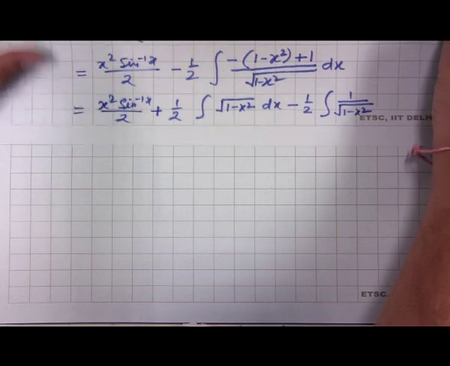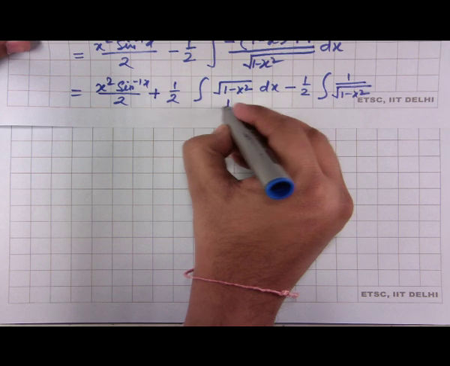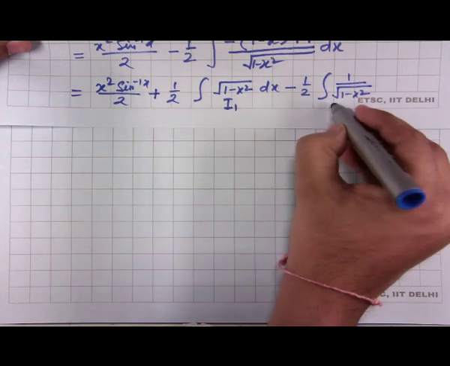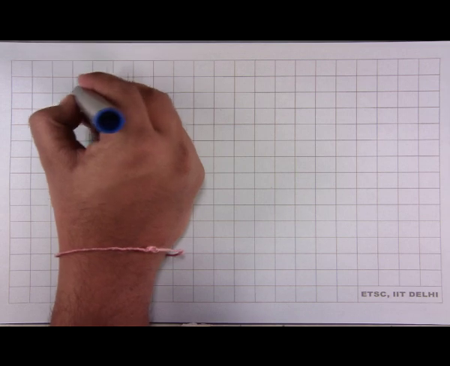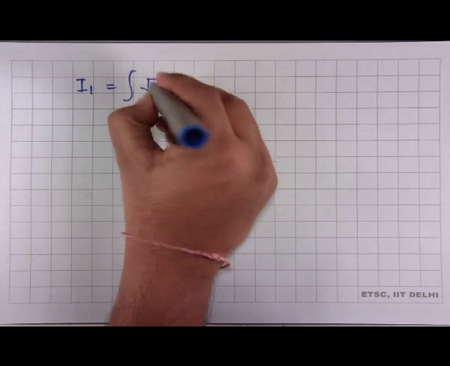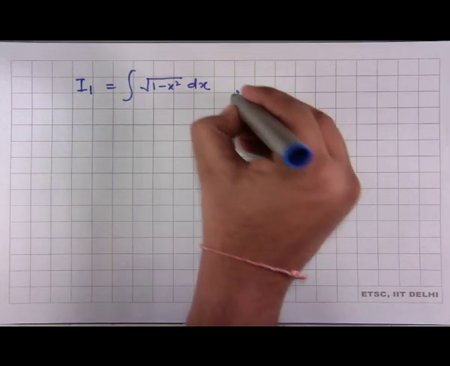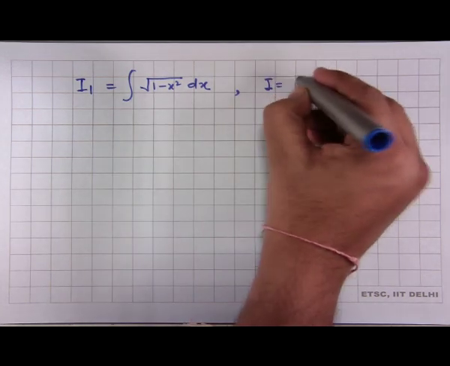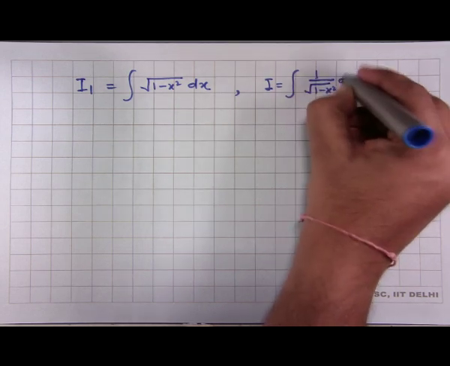So, I shall evaluate these integrals as two separate parts. I will call this integral I1 and this integral I2. So, now I will write for I1. I1 is square root of 1 minus x square dx and I2 is 1 over square root of 1 minus x square dx.